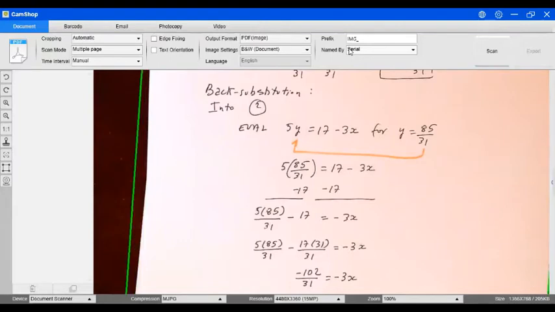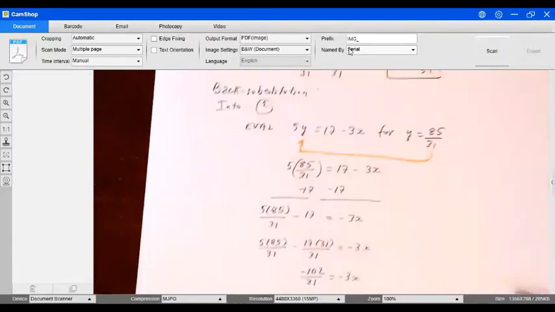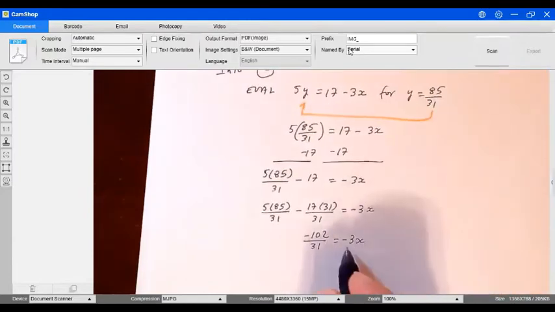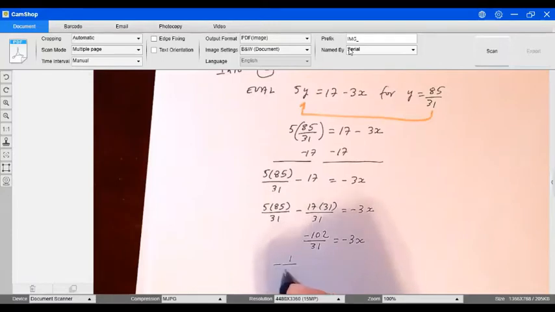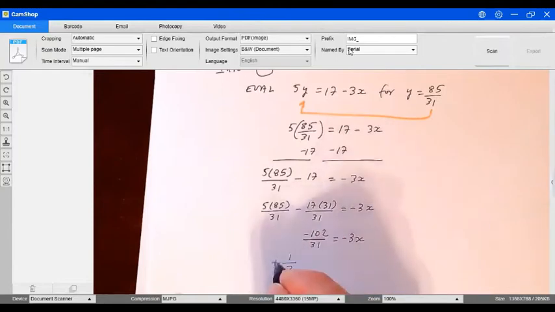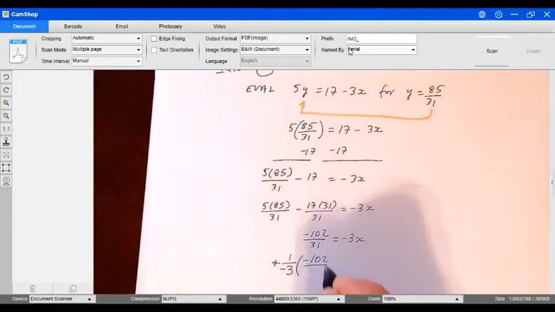And then we just divide both sides of the equation by negative 3. So dividing by negative 3 is like multiplying by negative 1/3. Negative 1/3 multiplies negative 102 over 31, and this is going to be equal to negative 3x over negative 3.